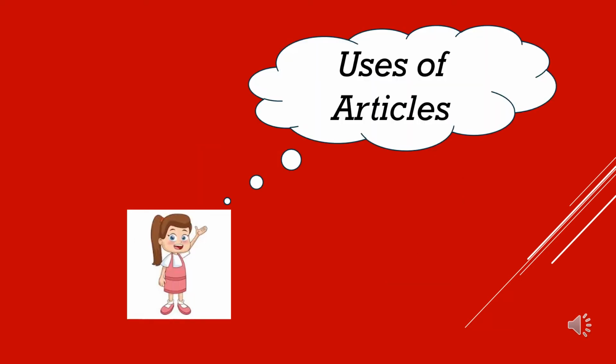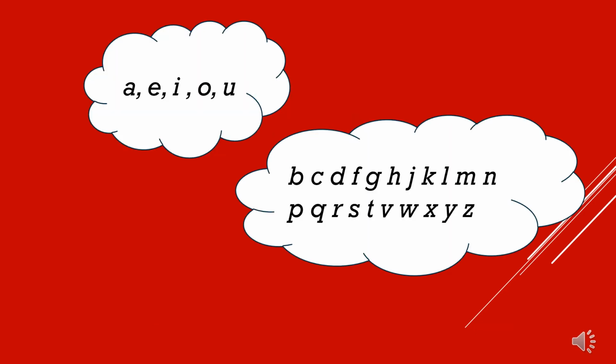Students, let's know about the uses of articles. You know that the English alphabet consists of 26 letters. I have already told you, out of these 26 letters, we have 5 vowels: A, E, I, O, U, and the rest of them are known as consonants.